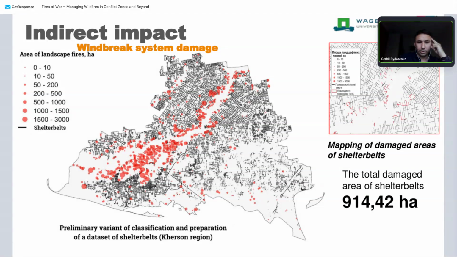So to understand the whole impact on this agroforestry system, we also need to look at physical impact and do time series analysis, not for one year, but in advance, to understand how vegetation indexes will change, and then we can classify the real impact on that system. Because this system in the south part of Ukraine, as I said previously, really contributes to reducing fire risk by reducing landscape fire spreading through a landscape.